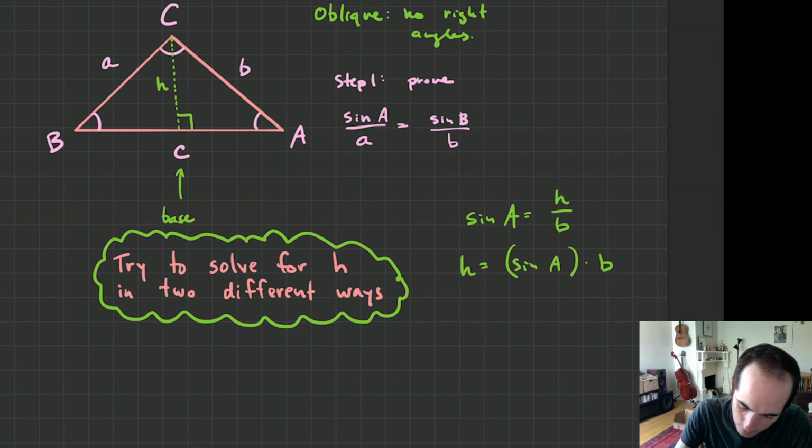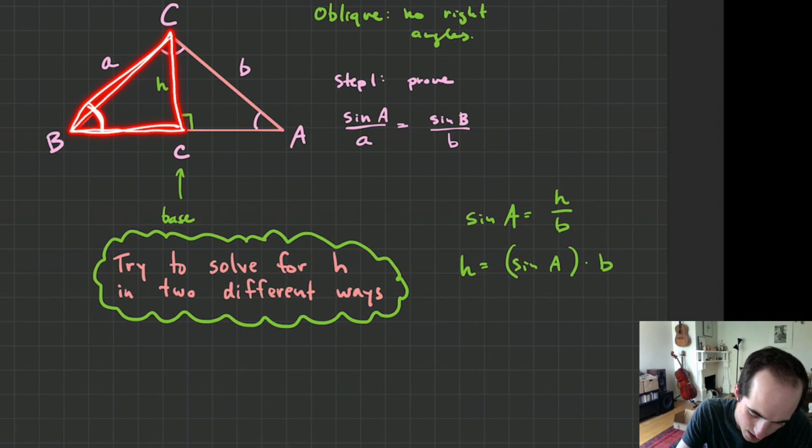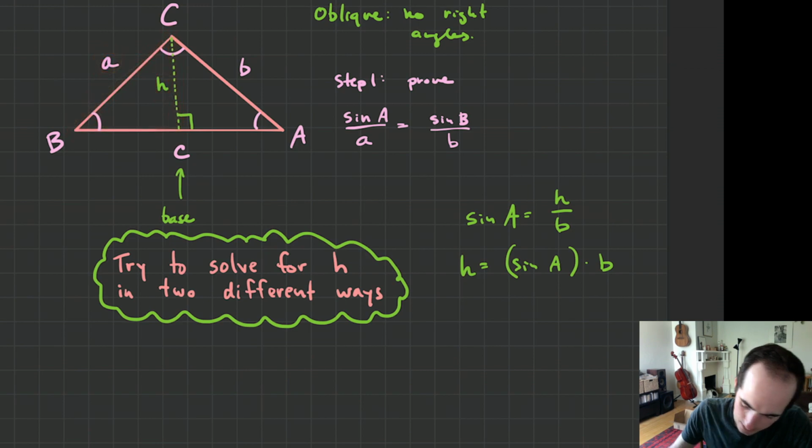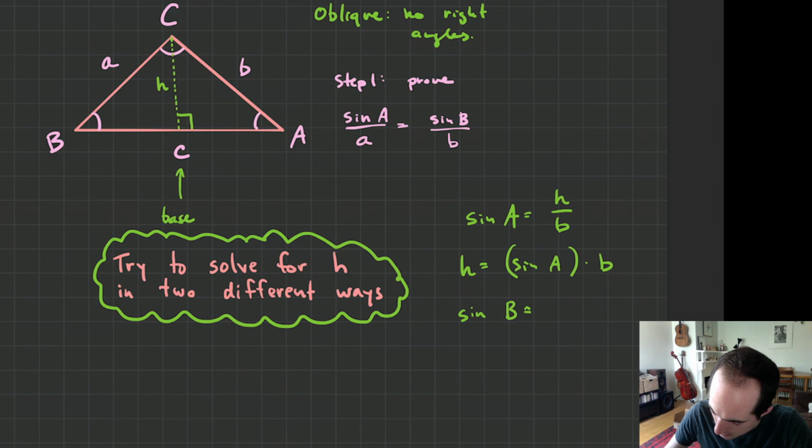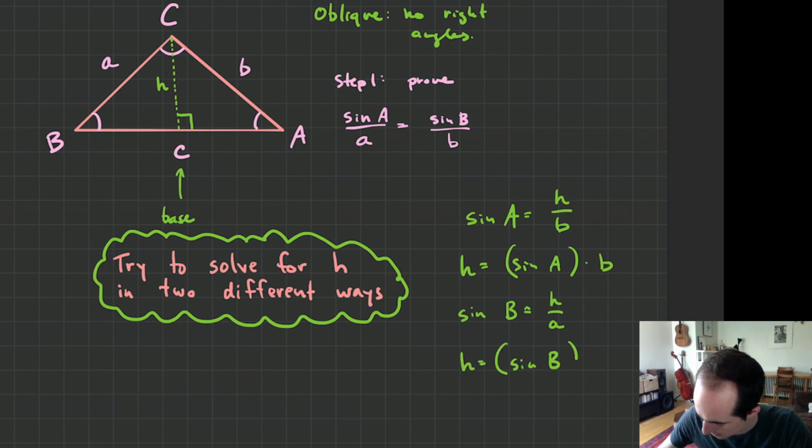Similarly, I'm going to do the same thing over here. And what you'll find is that sine of B is h over a. So sine of B is equal to h over a. Or in other words, h is equal to (sine of B) times a.